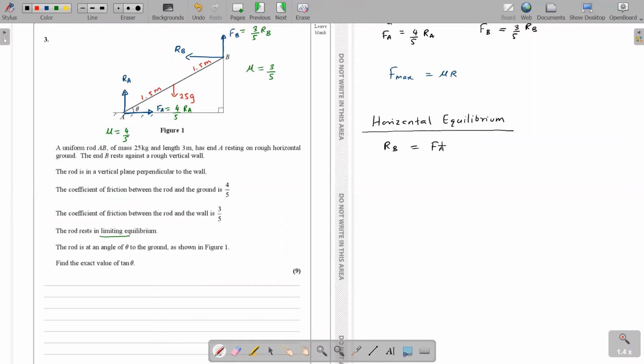Do you agree with me? Normal reaction B is the only force acting to the left and friction A is the only one acting to the right, so those two are equal to each other. Normal reaction at B equals friction at A, which is written as 4/5 times normal reaction A. Are you okay with that? Then we'll also do vertical equilibrium.